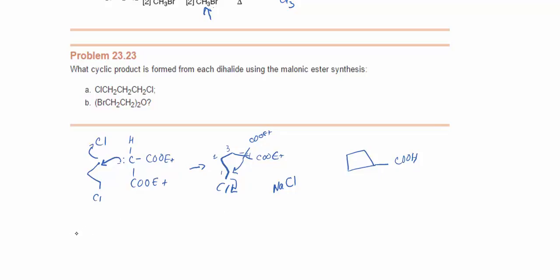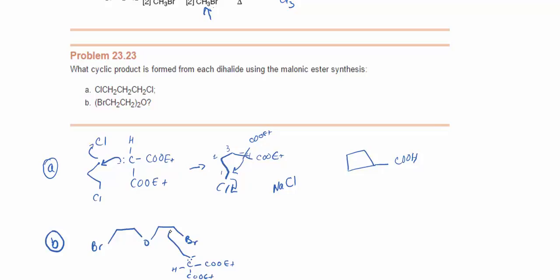For B, we have an ether. A similar mechanism is going to occur, so I'm just going to start with my ester ion like this.